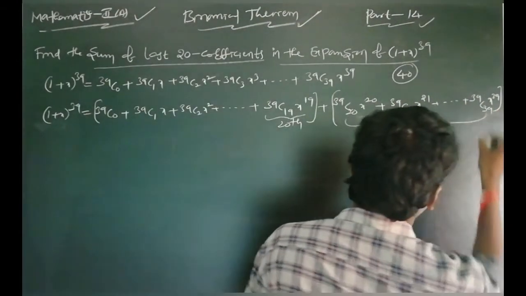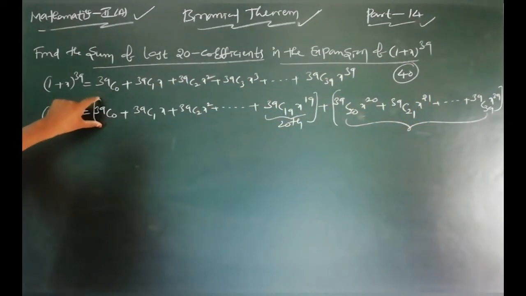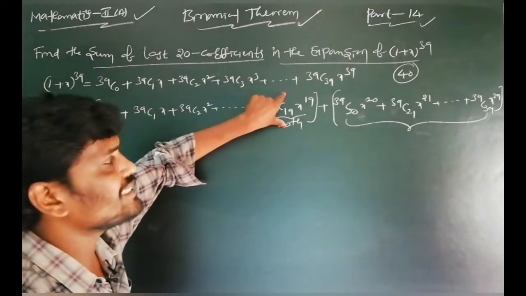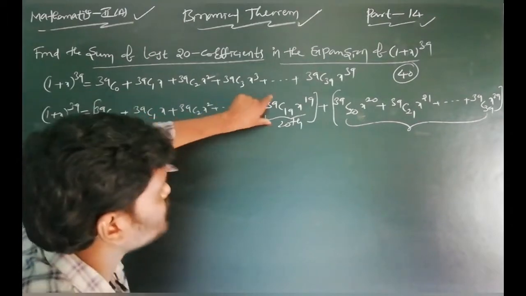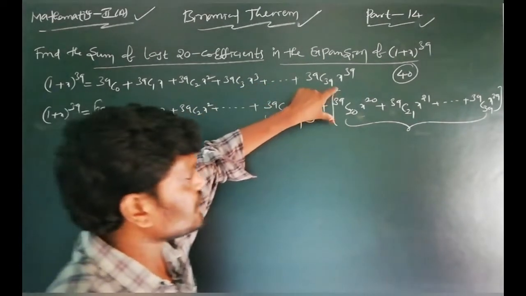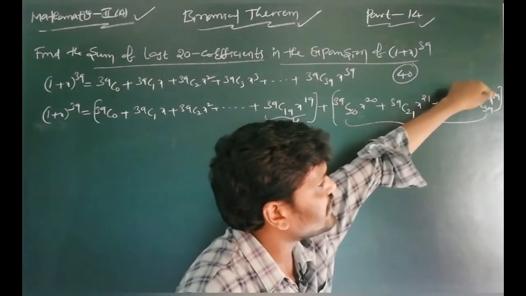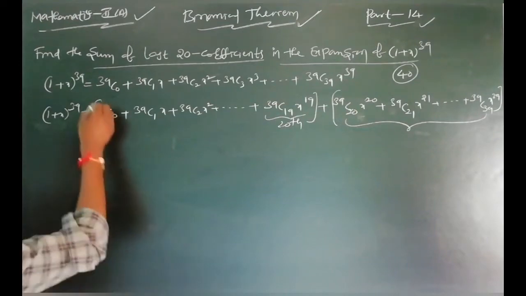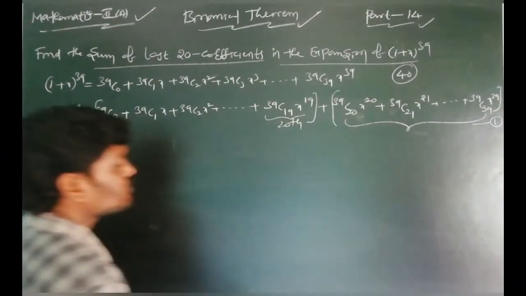These are the last 20 terms, and the earlier ones are the first 20 terms. Suppose this is equation 1.